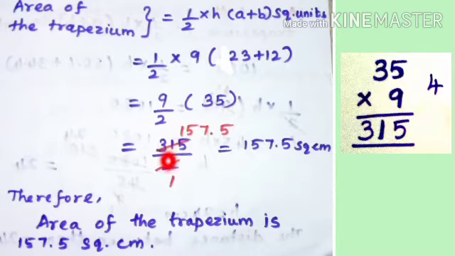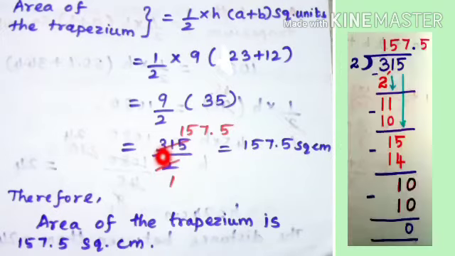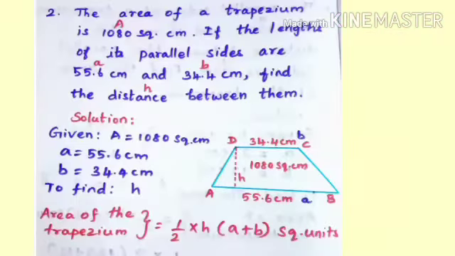So 315 by 2. Now dividing 315 by 2, we get 157.5, which is the area of the trapezium.